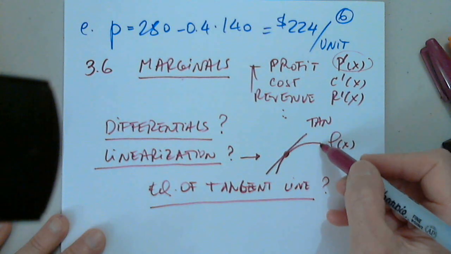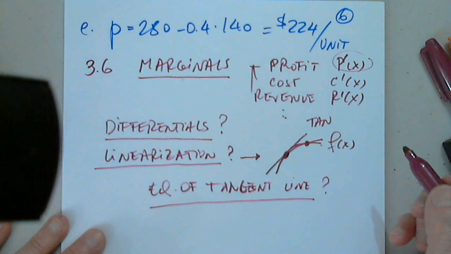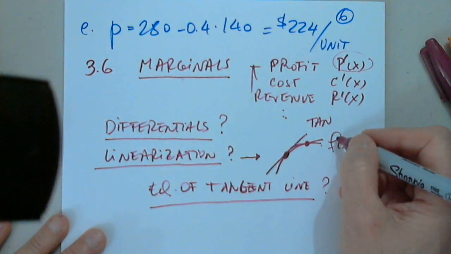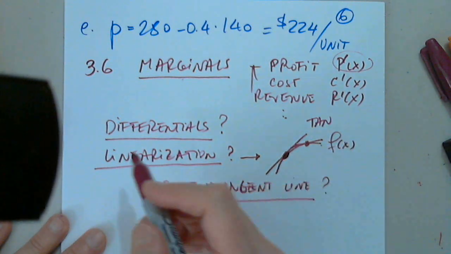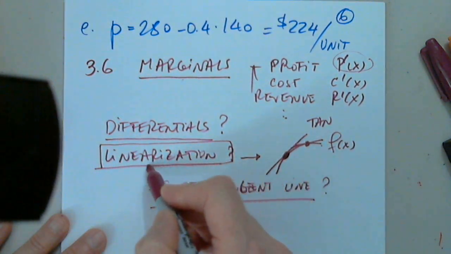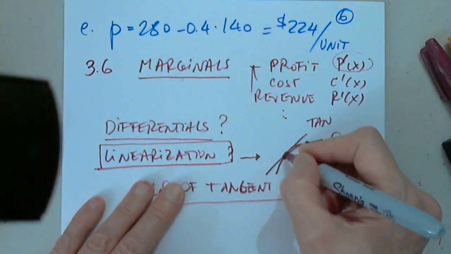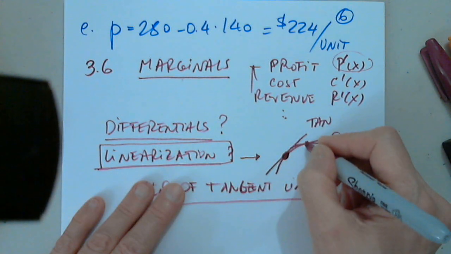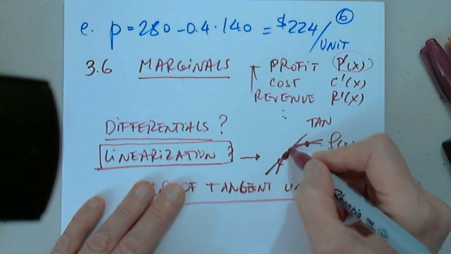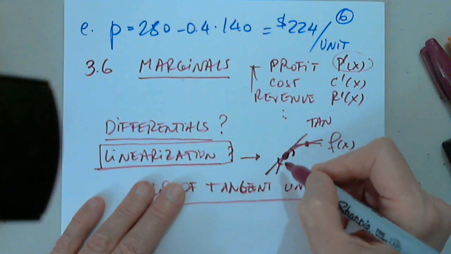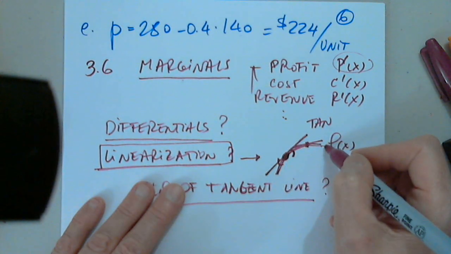I have this function at a particular point, any point I want, where the function is differentiable, of course. Why would I even care to find the equation of the tangent line at this point? What does this linearization mean? It means at any point on a function where it's differentiable, I can approximate the function very close to the point by using the line instead of the function itself.